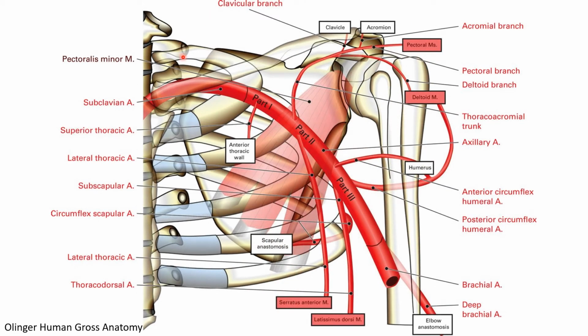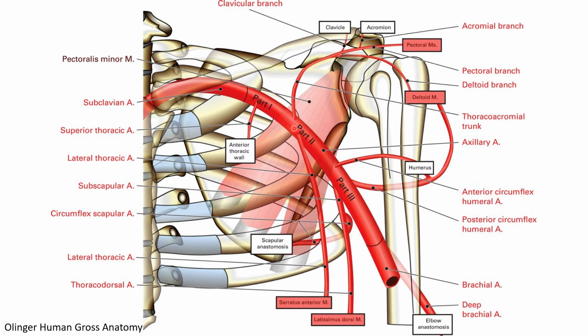This is from Olinger, so this is showing you a left anterior view of the axillary artery. So here's subclavian artery passing underneath the clavicle, changing names then to axillary artery. This is the first part of the axillary artery. Most proximal branch is the superior thoracic artery. It's going to go to the anterior thoracic wall, so going to first and second intercostal space.